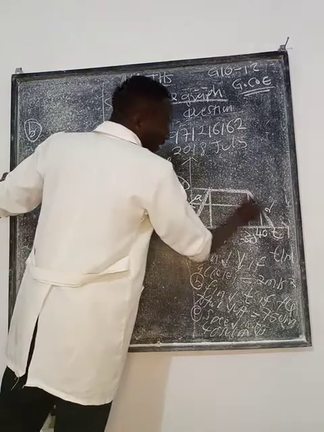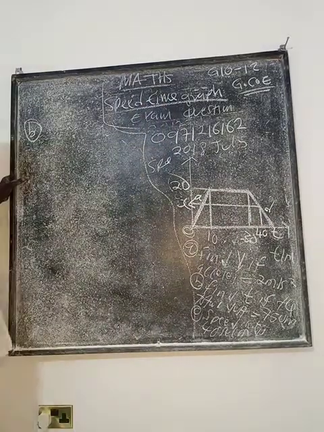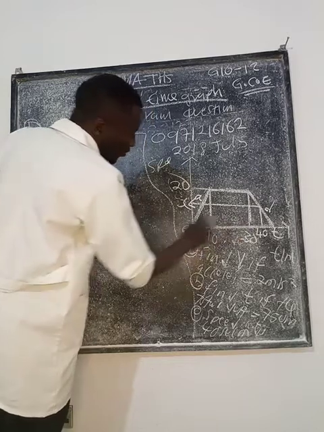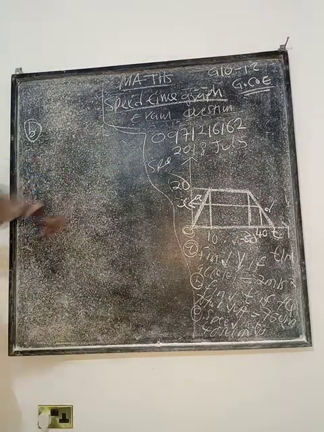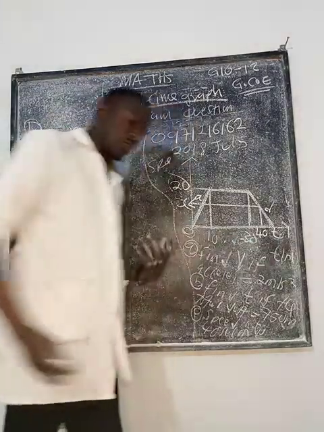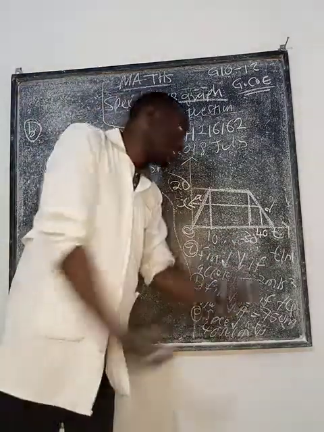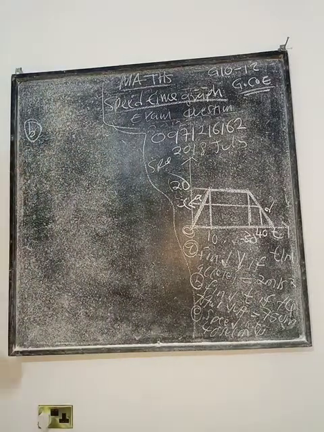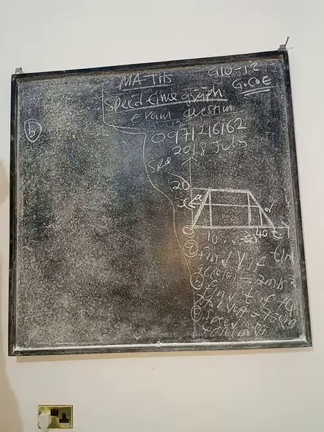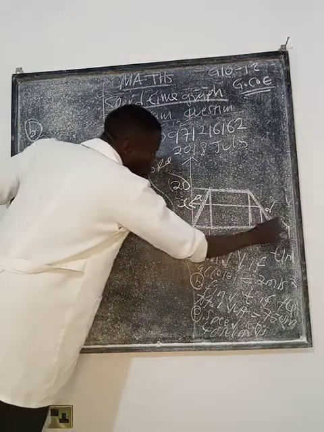So we are going to use the trapezium rule. The whole thing, if you want, you can use the triangle, rectangle, triangle. It will still give you one and the same thing. But for the sake of speed, remember, paper 1 is only 2 hours. So if you keep using longer methods, you get delayed and you end up failing or not getting the marks that you wanted to have. So we use the trapezium rule.